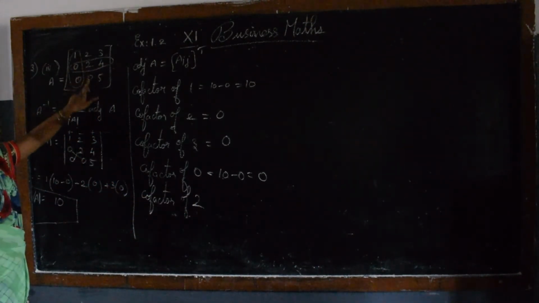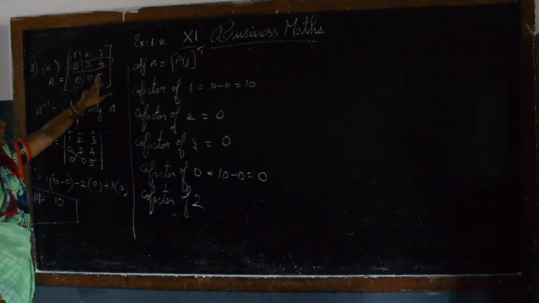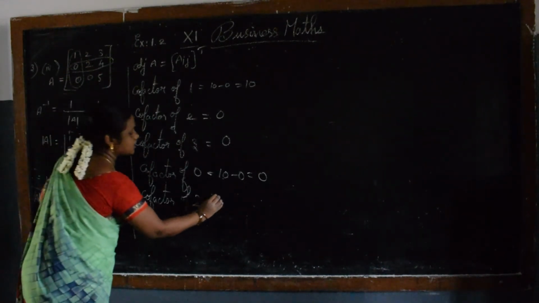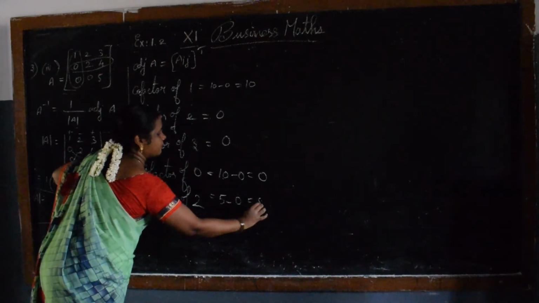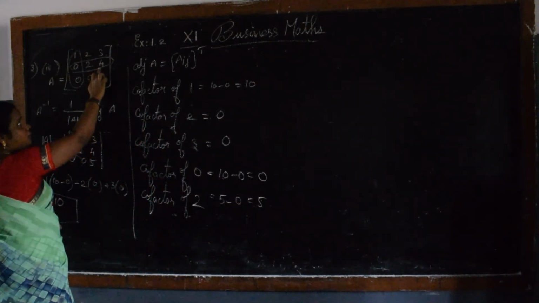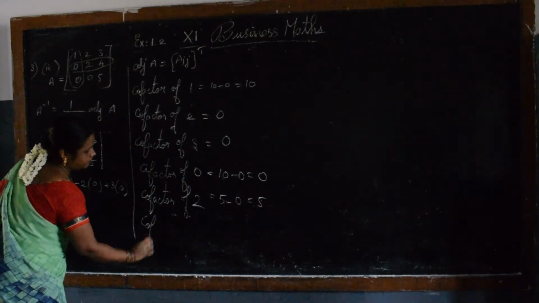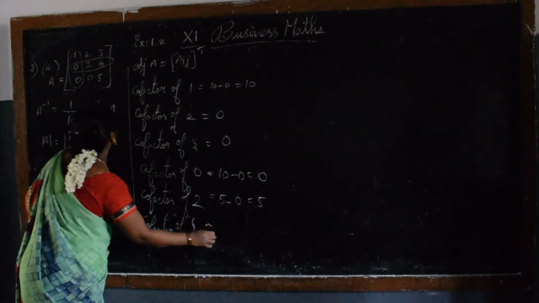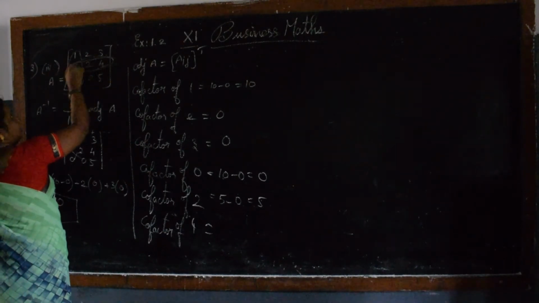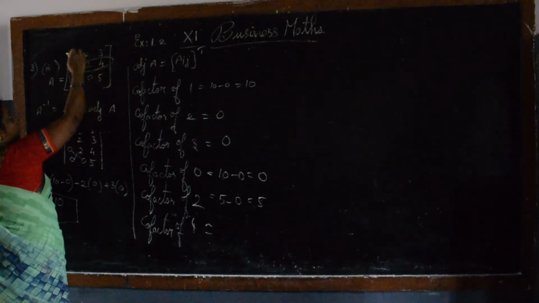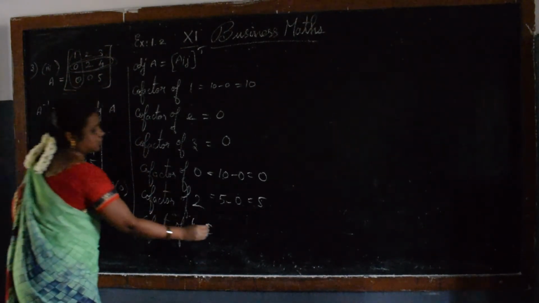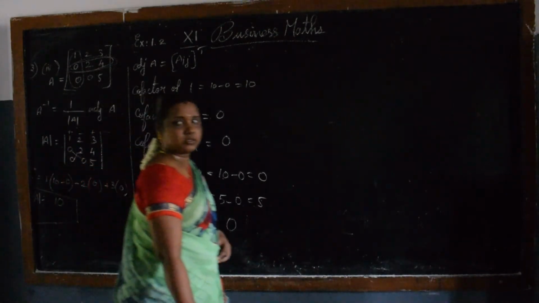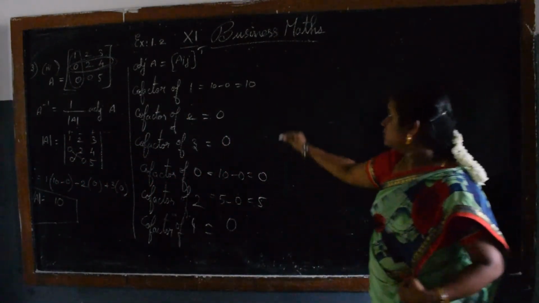Now you eliminate this row and column. Remaining cross multiply: 5 minus 0 is 5. Next, last element is 4. Cofactor of 4 is equal to: eliminate this row, this column, the remaining 0 minus 0, that is 0.